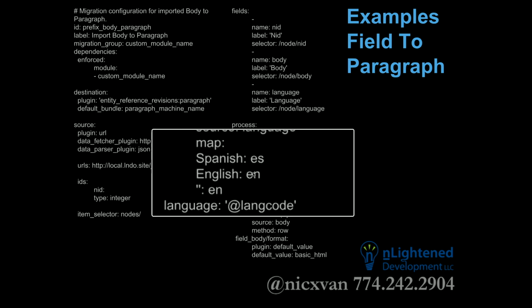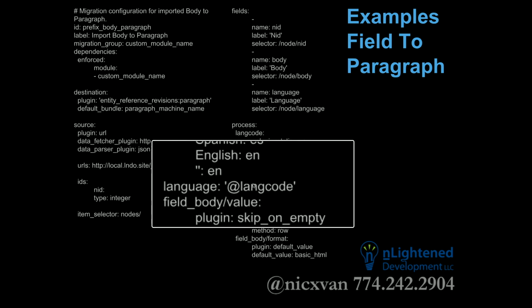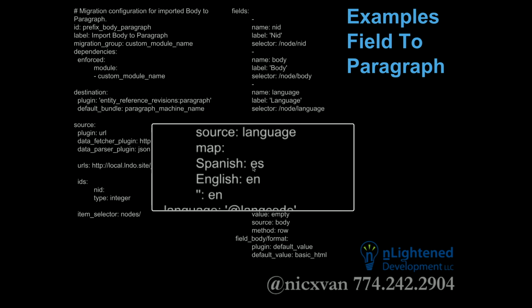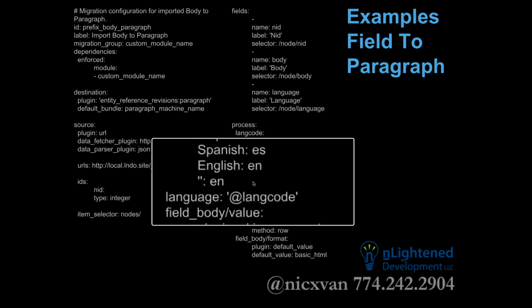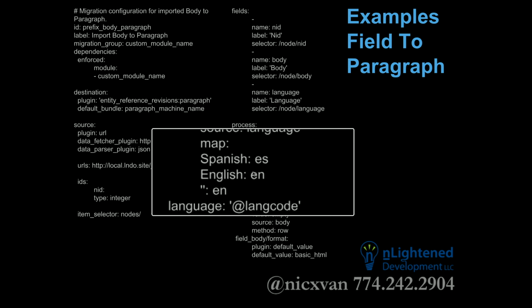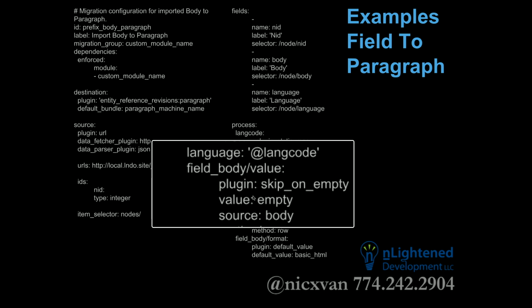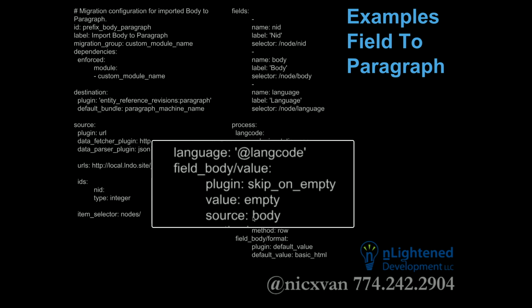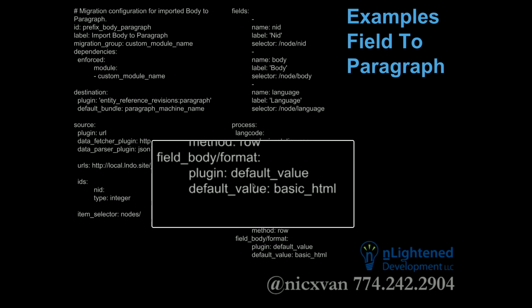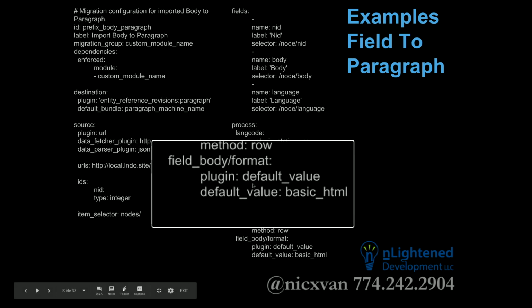And this is the static map to set the language to English, Spanish, or English. And then this is checking, again, that body value and skipping it if it's not available, and then setting the format to basic HTML.